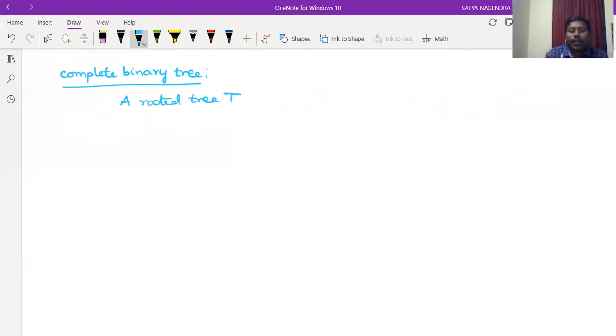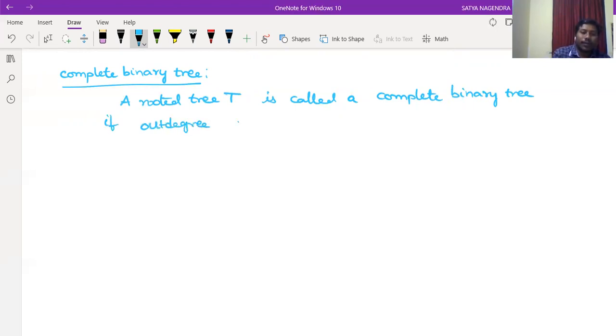T is called a complete binary tree if the out degree, same out degree we are concentrating on, of every internal vertex in T is 2.